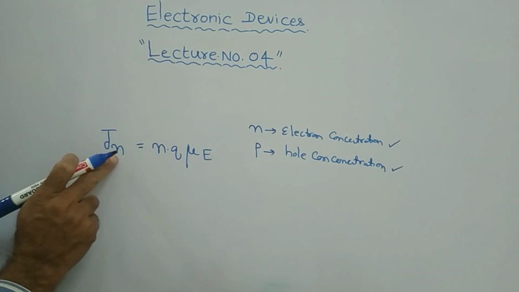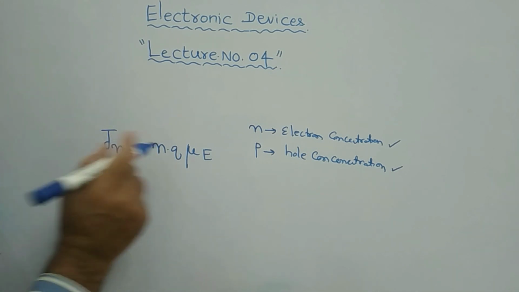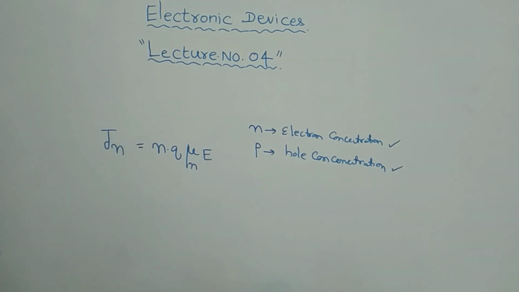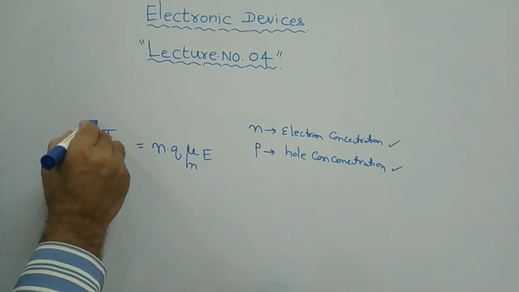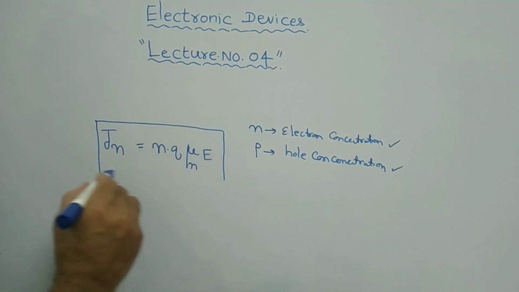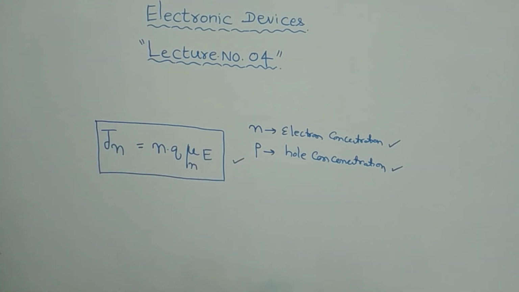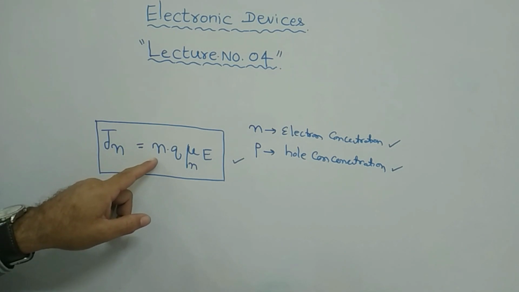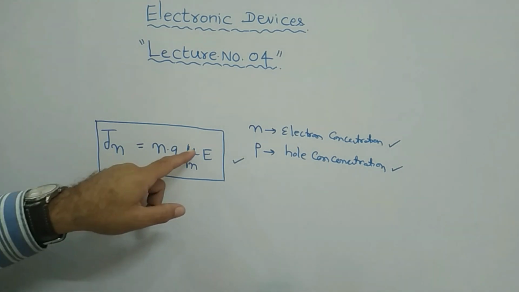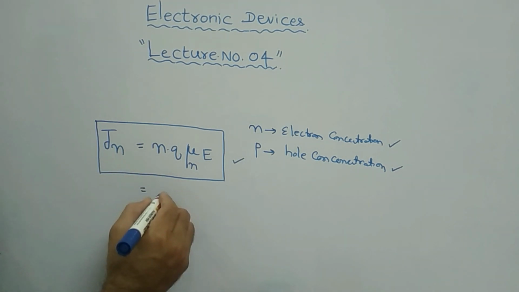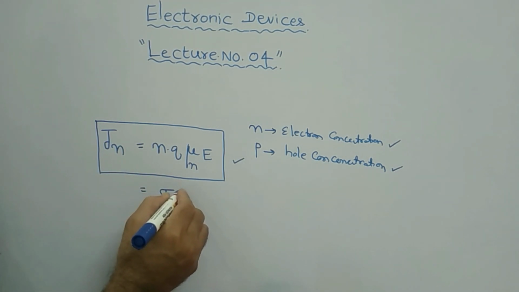Here, as we are considering electrons, you can write mu suffix N, which is the mobility of electrons. This is the conduction current density with respect to electrons only: the electron concentration multiplied by the charge, the mobility of electrons, and E. From here, you can write this as sigma E. This is called Ohm's law.